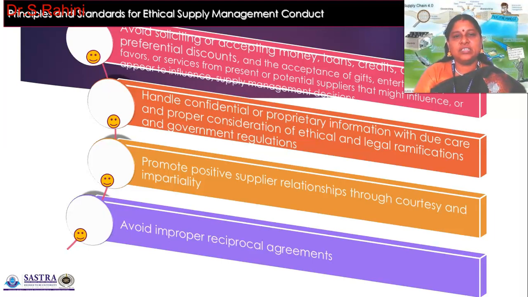But you should have courtesy in all things, and it should not be with partiality. With some customers, retailers, or suppliers you may be very close, and with others you are not like that. So it should be impartial. You have to behave impartially with the suppliers and avoid improper reciprocal agreements. Those types of things are the ethical way of conducting supply chain management systems.